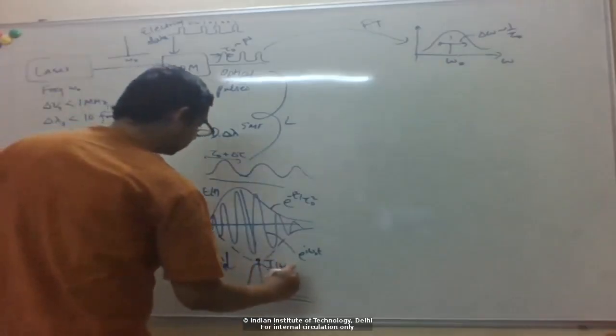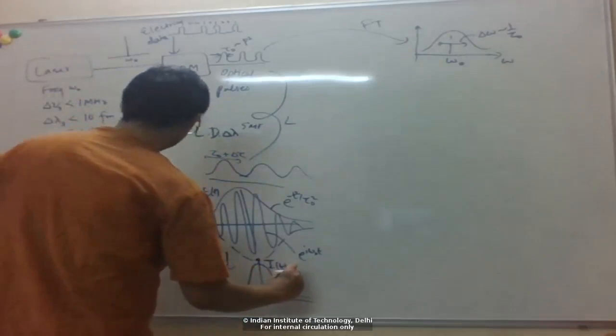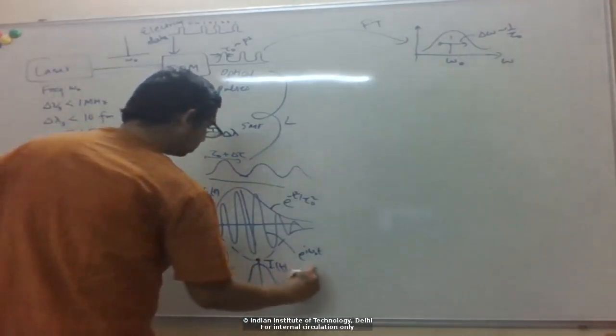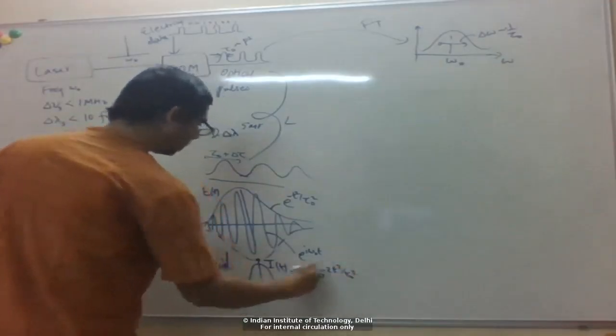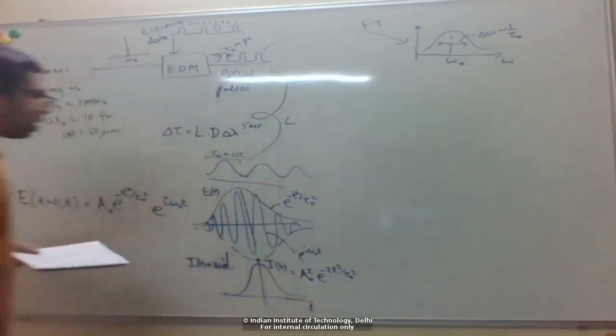So I of t will just be some a naught square e to the minus 2t square over tau naught square, just a Gaussian function.